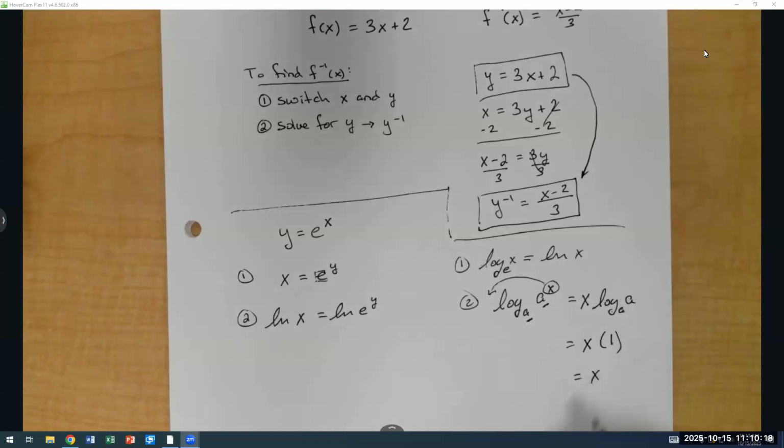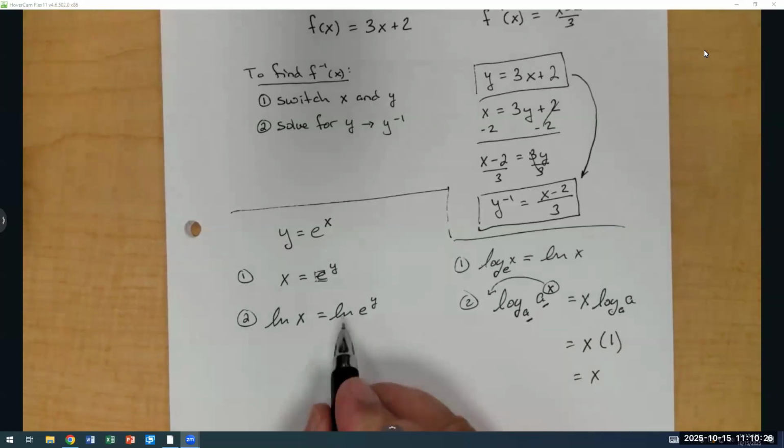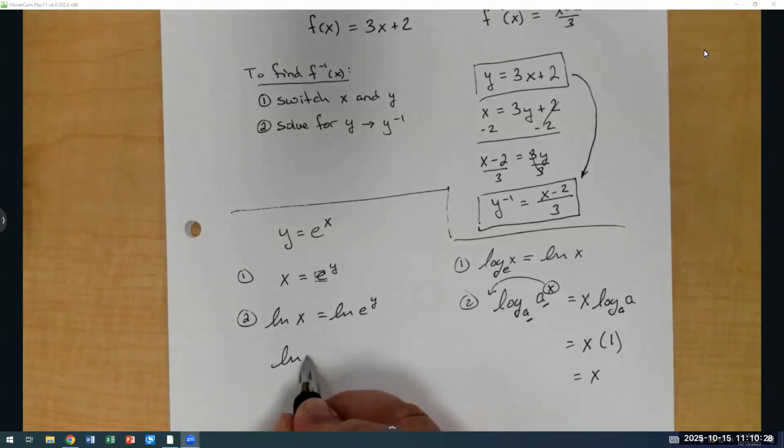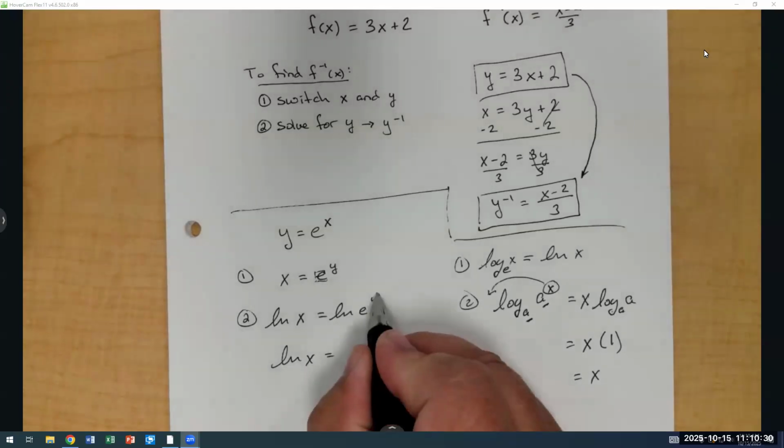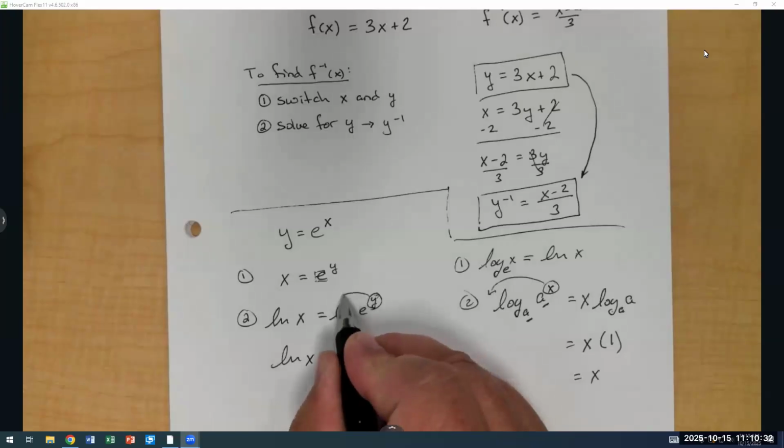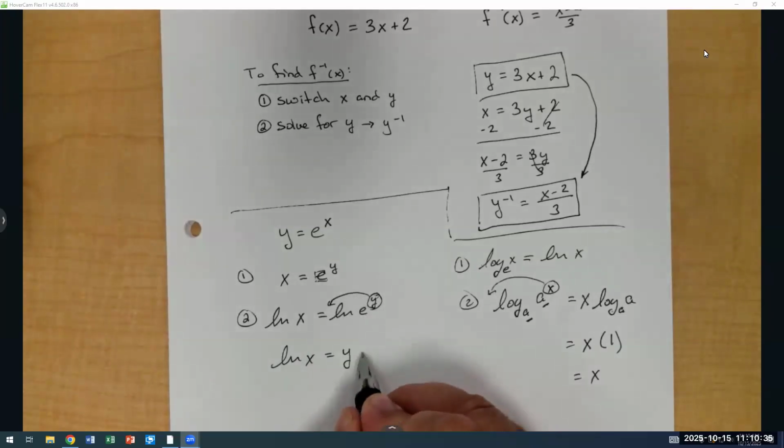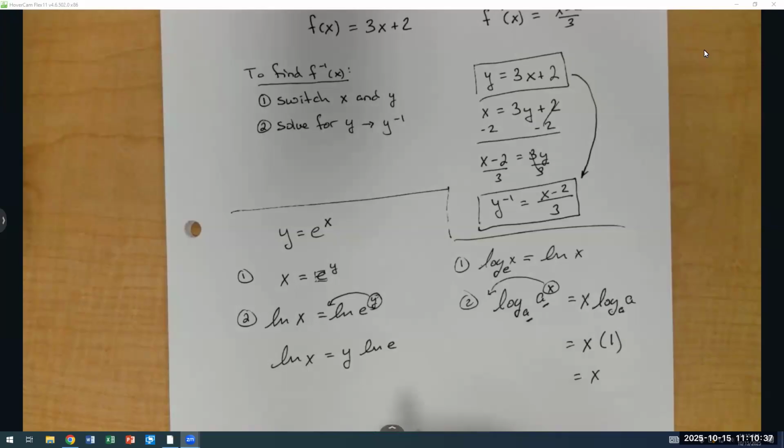So the exponent comes out in front. The ln of e is 1.